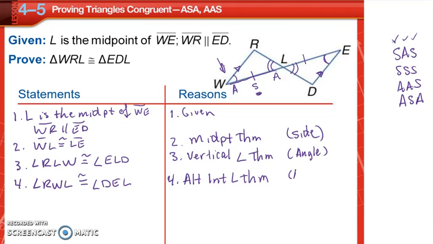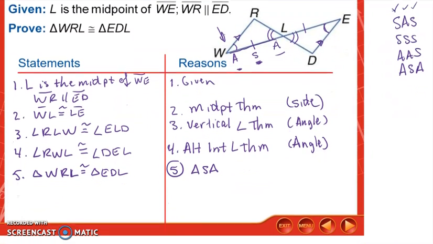So this is the other angle that we're looking for. Okay, so in the picture it's in order of angle, side, then angle. So by angle, side, angle, we know that triangle WRL is congruent to triangle EDL. Angle, side, angle. Okay, so again, you just take your picture, mark it up, think about it, and then start listing your reasons.